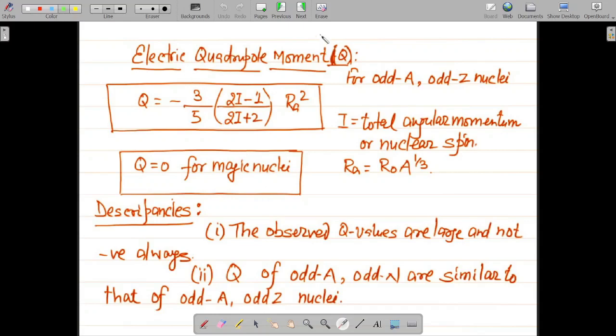So the electric quadrupole moment Q has this expression: Q is equal to minus 3 by 5 into (2I minus 1) divided by (2I plus 1) into R A square.